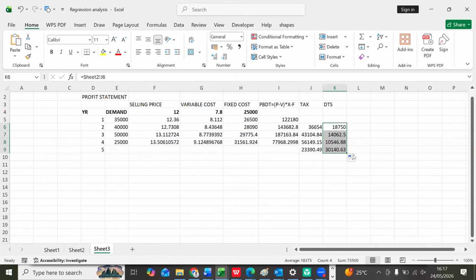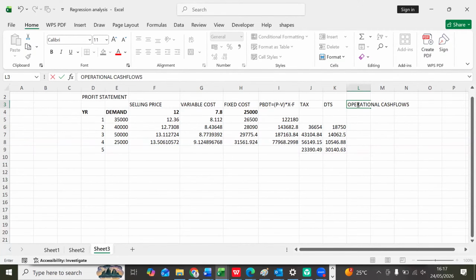That is a beautiful thing with this Excel. And then now I will be able to come here and get what we call the operational cash flows. So from year number 1, I will pick here the PBDT.